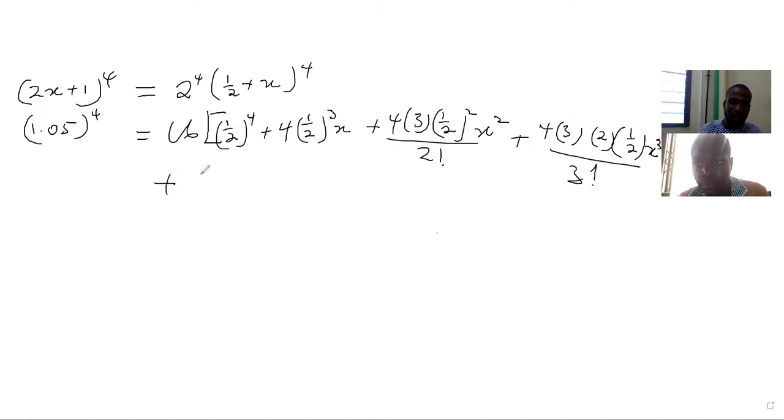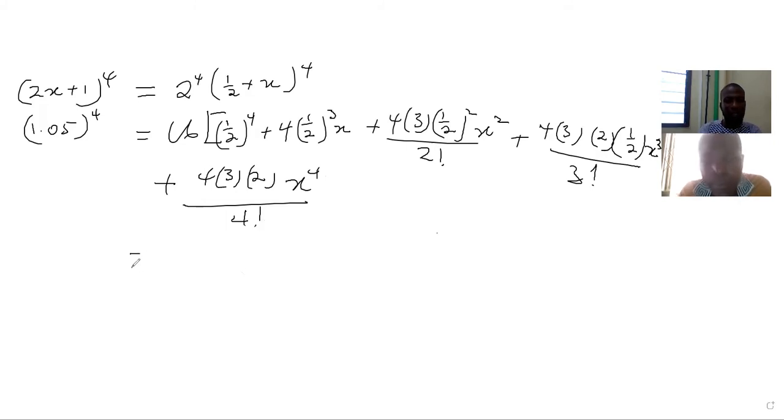Then plus 4, 3, 2, 1, with (1/2) exponent 0 being just 1, so then x to the power 4 over 4 factorial, right? Yes. So this is going to give us 16 bracket open, this is 1 over 16, plus 1 over 8 times this.